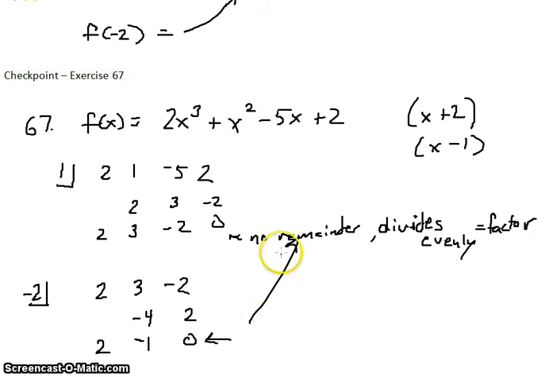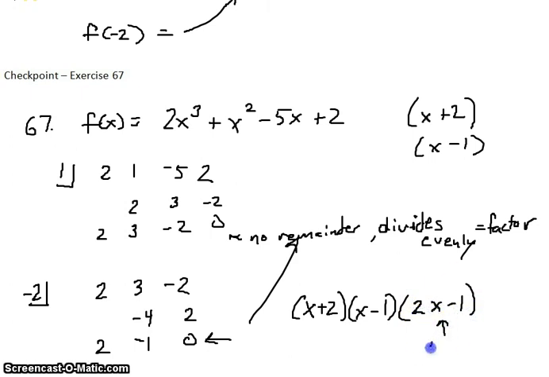So what this means is that these two are factors. The one that's left after dividing both of them out is right here. Here's my constant term. Here's my linear term. It's 2x minus 1. That's the remaining factor.